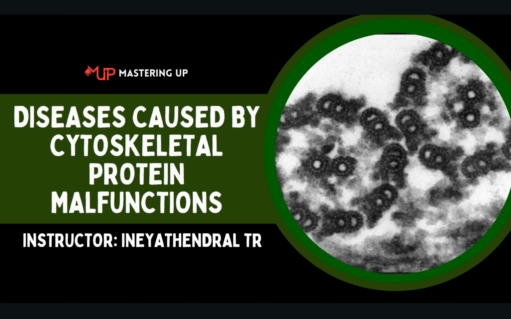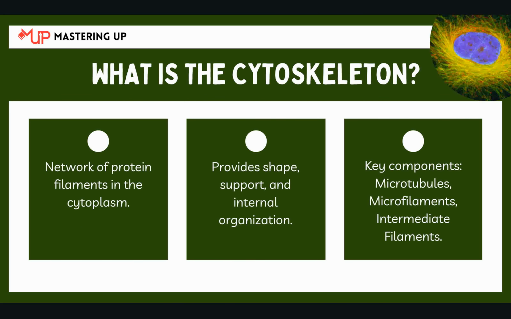Now let's see what the cytoskeleton is. The cytoskeleton is made up of three main types of filaments: the microtubules, actin filaments, and intermediate filaments.